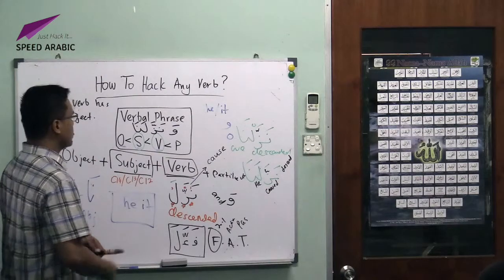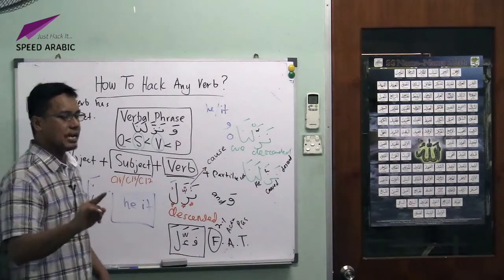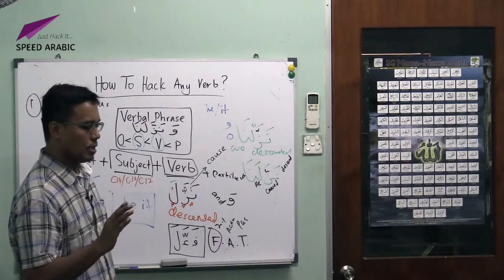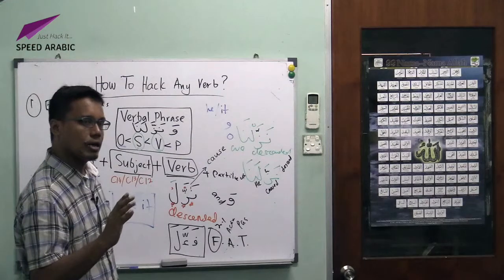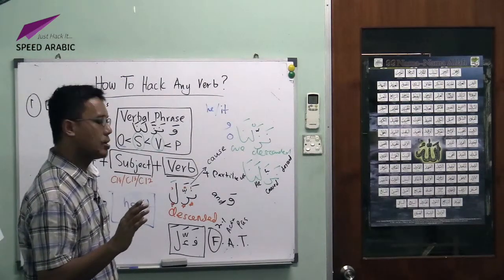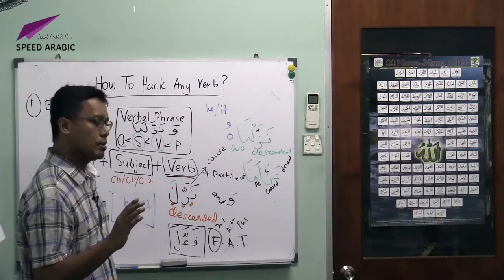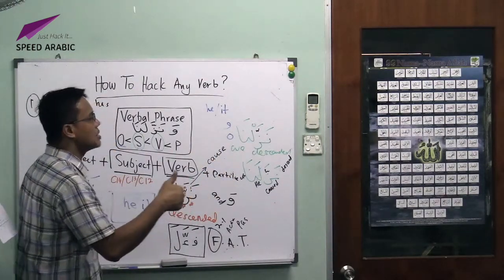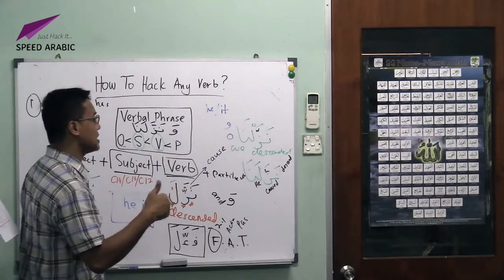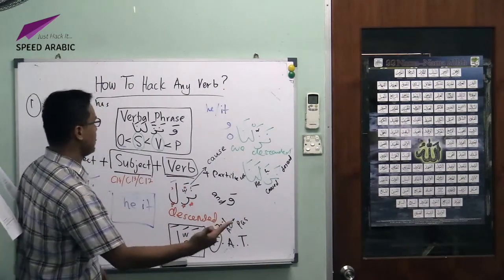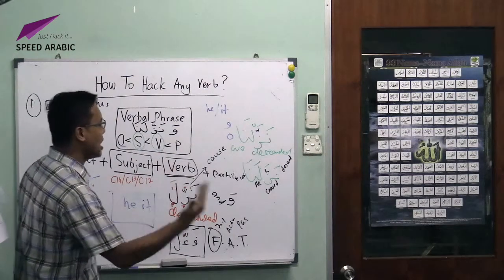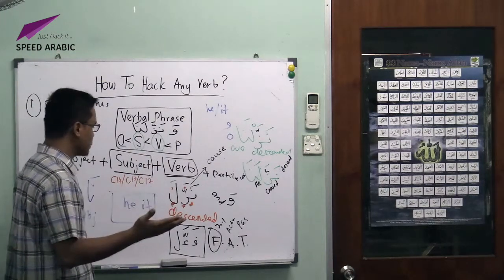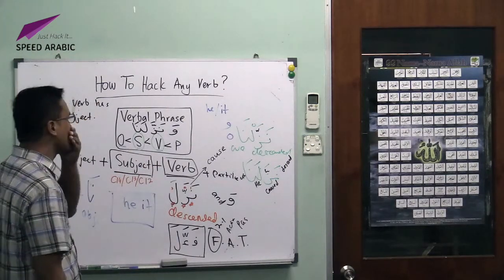So what's the meaning of wanazzalana? Wa means and, the subject is he, caused us to descend. Okay, he caused us to descend.